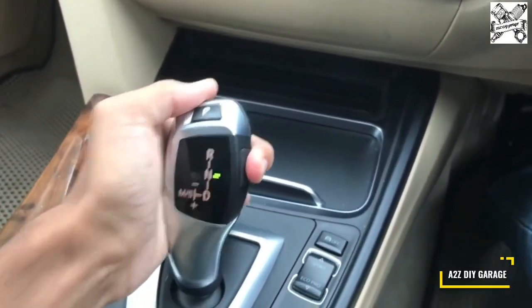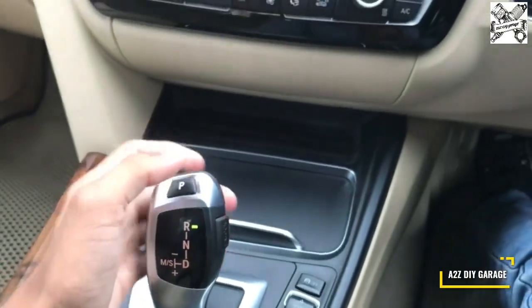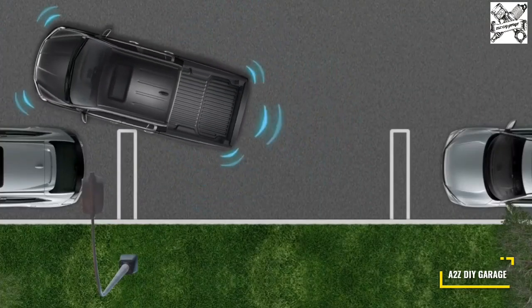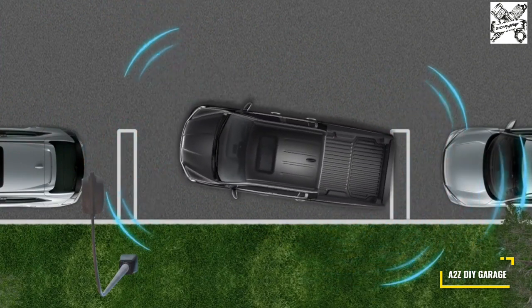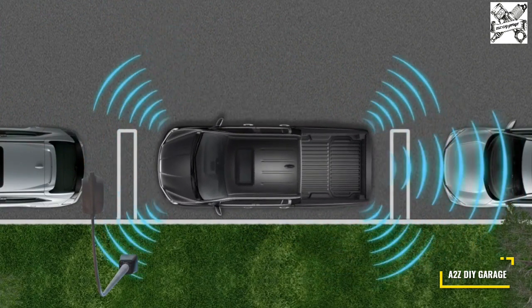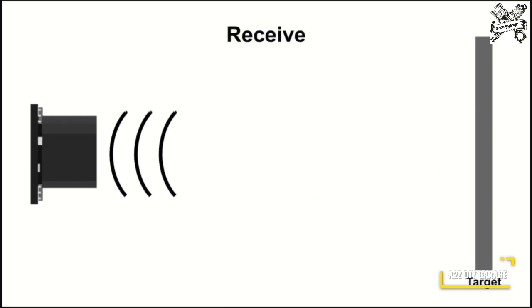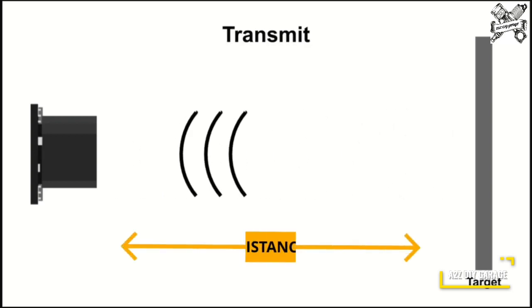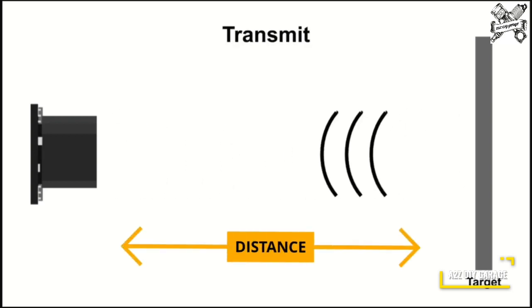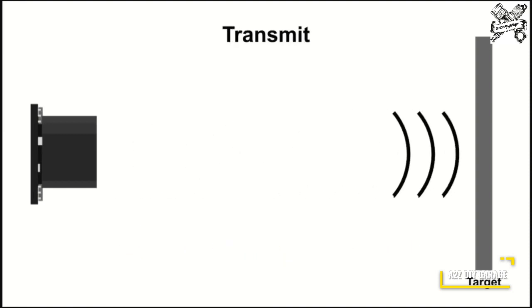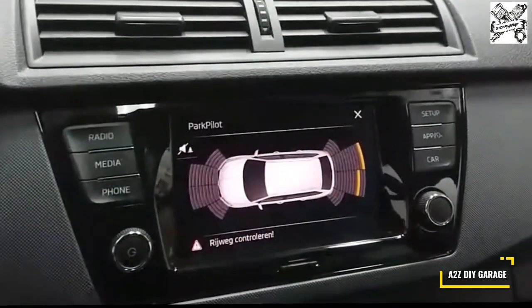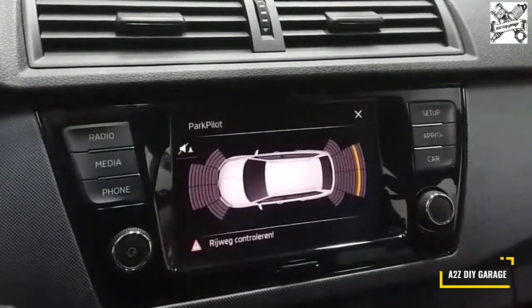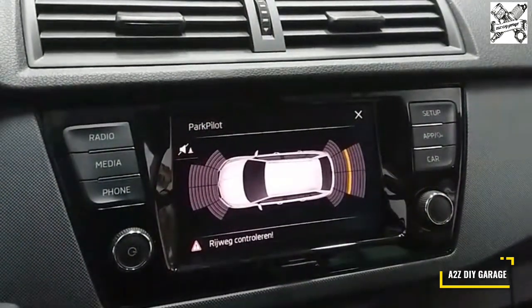When the driver engages reverse gear, rear parking sensors get activated automatically and send ultrasonic waves. When these waves hit a nearby object, they get reflected and are captured again by the sensors. This process measures the distance between the sensor and object. This indicates to the driver the distance between vehicle and object, with visual indication and sound on the dashboard for safe parking.